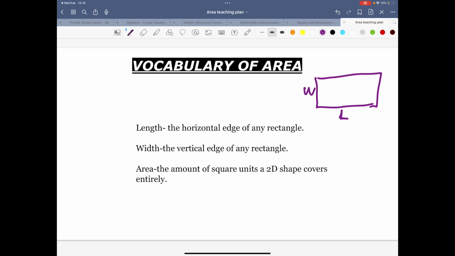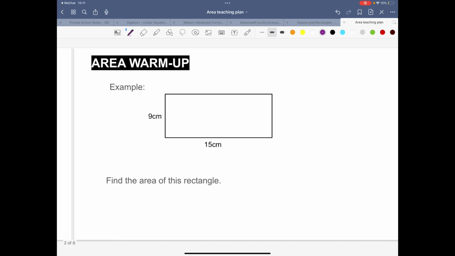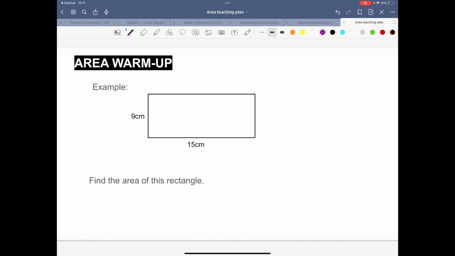And area is this whole rectangle. It's this whole colored part. So this whole purple part is the area. So how do you find the area? We can move on to the next, a little area warm-up.